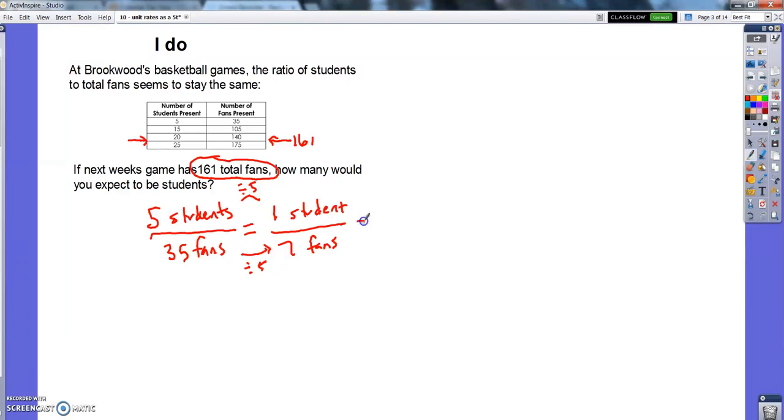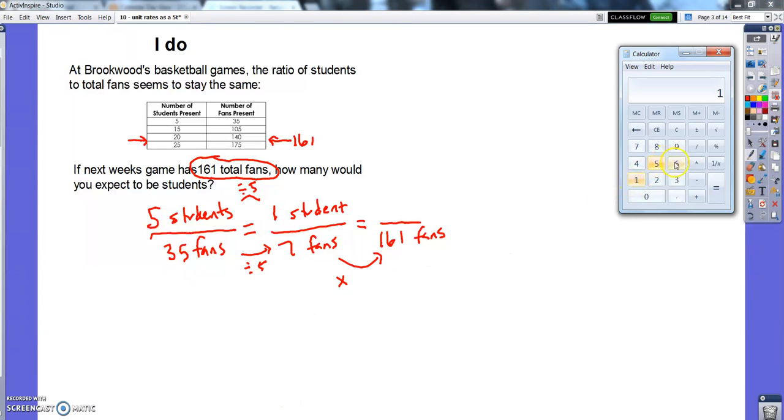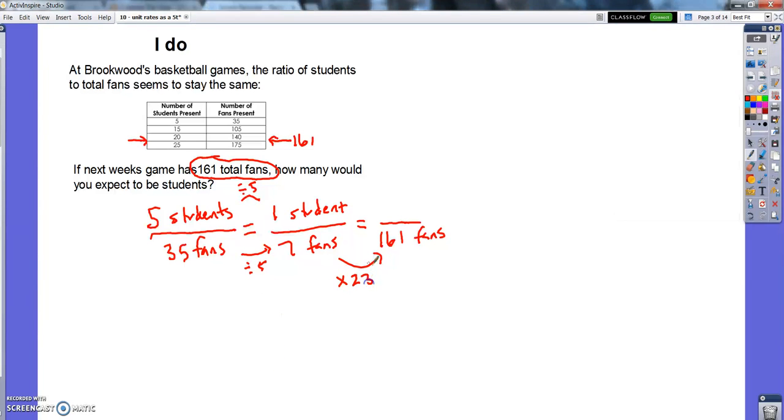So now I'm just going to say, okay, well, for 161 fans, that's times 161 divided by 7. That's times 23. And since I have that unit rate, it's very easy to multiply that numerator by 23 and get 23 fans.